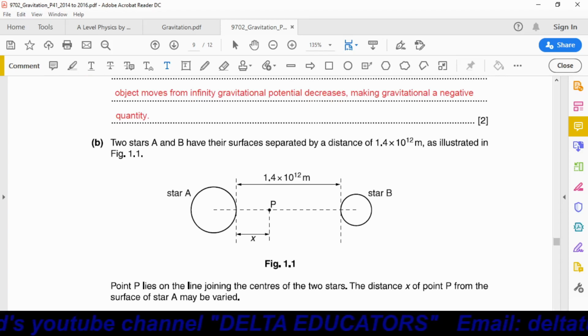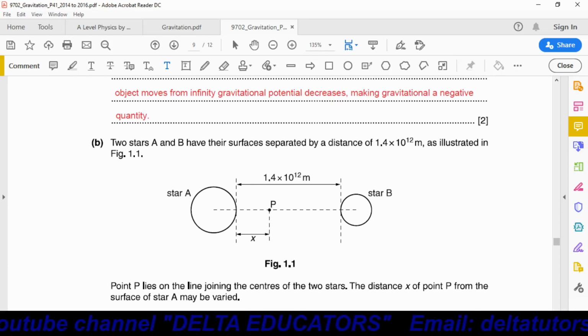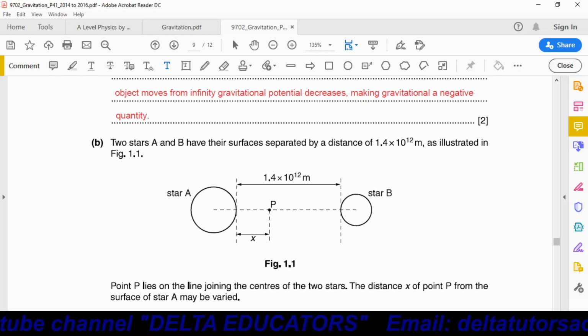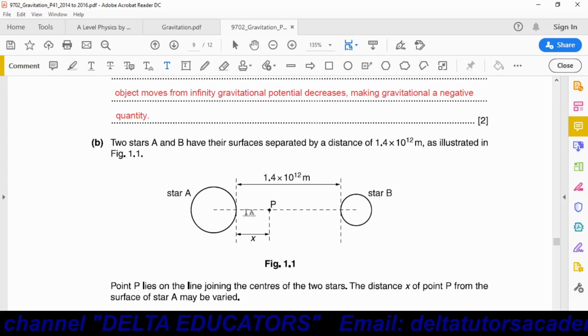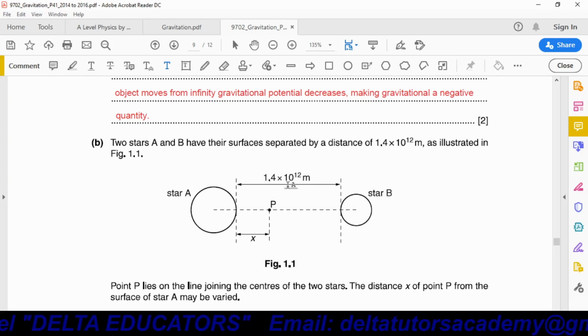Two stars A and B have their surfaces separated by a distance of 1.4 × 10^12 meter as illustrated in figure 1.1. These are two stars and the distance between them is 1.4 × 10^12 meter.